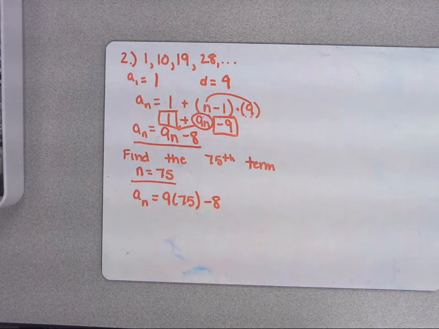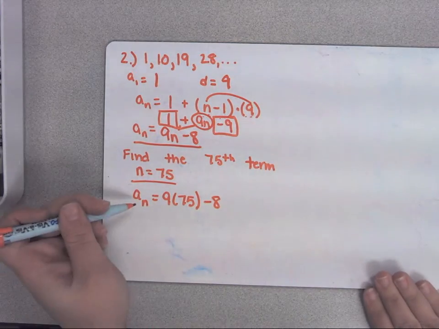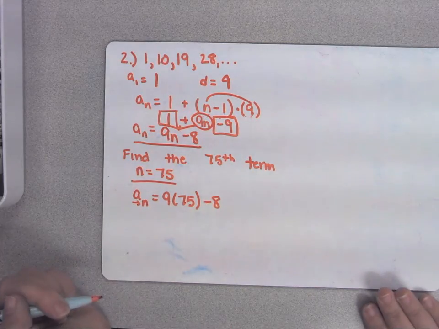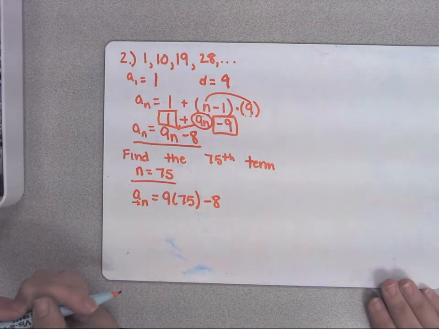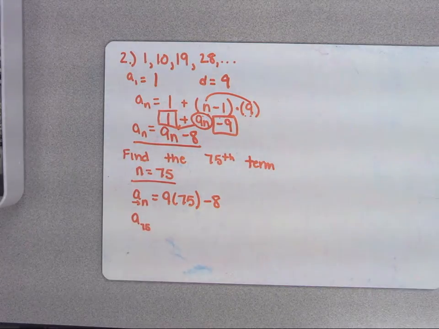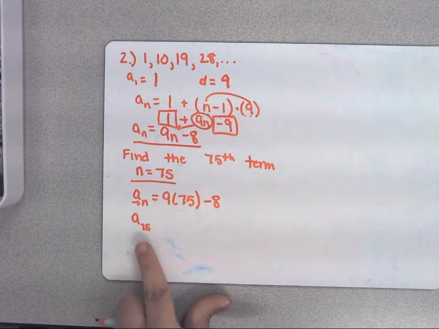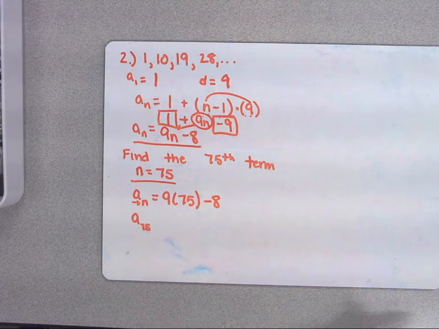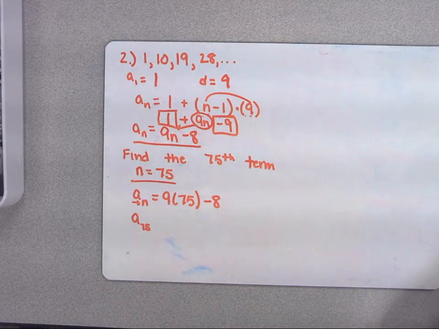You shouldn't have to do this in your head. And you know how we replaced n with 75 here? Isn't there technically an n on that little a sub right there? You should technically replace that n with 75 too. So a sub 75 is a little guy. Equals, so the answer for 75, that's basically what that says. And then you just type it in. I'm typing it in right now because I don't know the answer either.